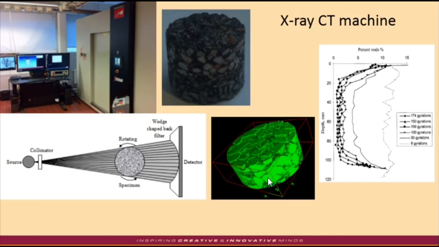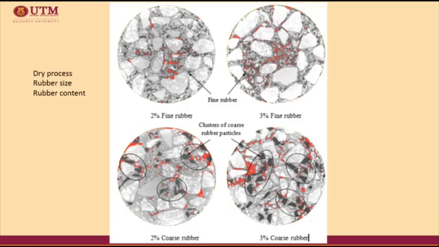By analyzing the image, we can characterize the distribution of the aggregate, mastic, and voids. As shown in the figure, the distribution of voids can be analyzed from top to bottom of a compacted sample. Therefore, using the X-ray CT machine, the images of the internal structure of rubberized asphalt can be captured.